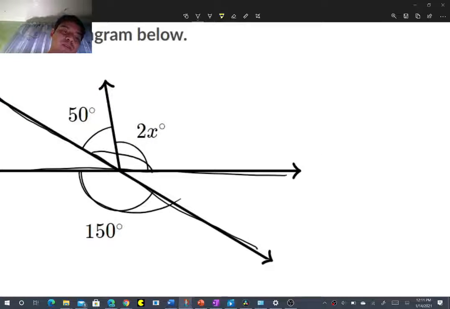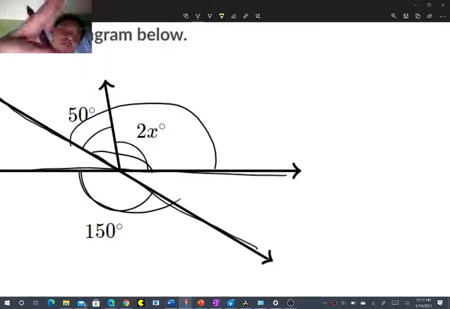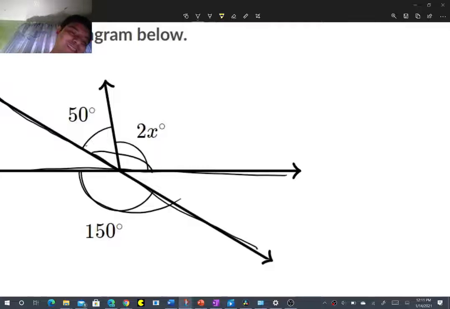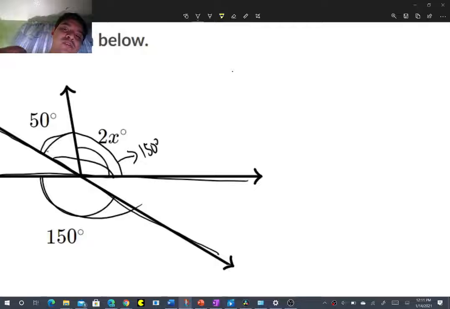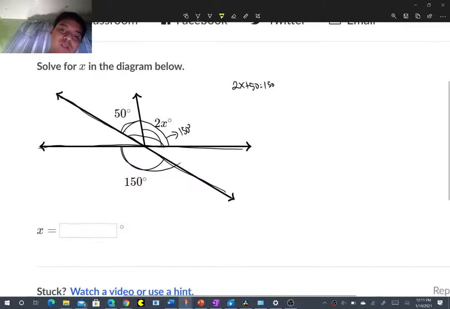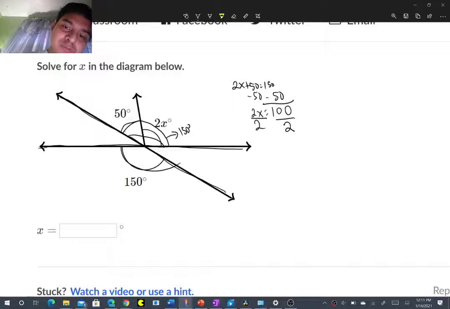So this entire angle is 150 degrees, and this angle is also 150 degrees. So what you have to do is say 2x plus 50 is 150. If you do minus 50 on both sides, you get 2x equals 100. You divide by 2 on both sides and get x equals 50.